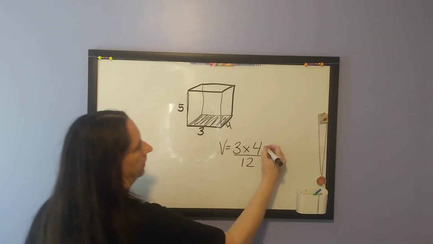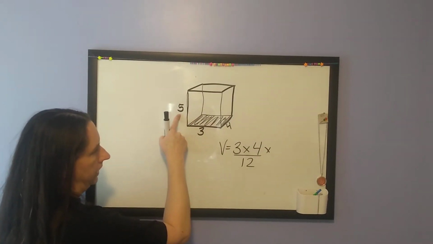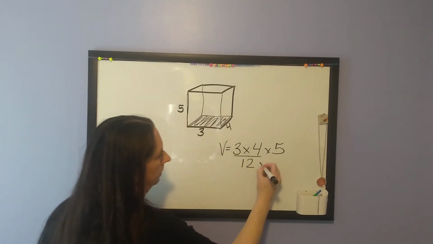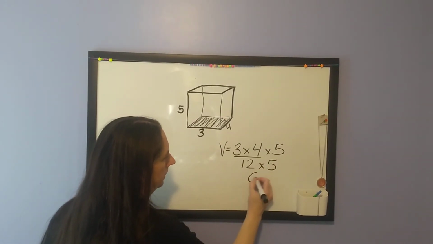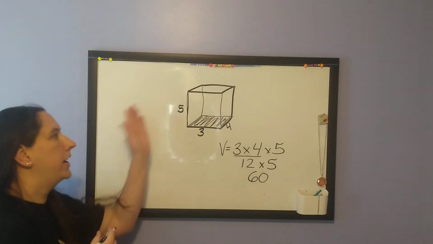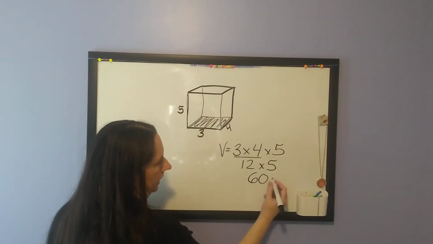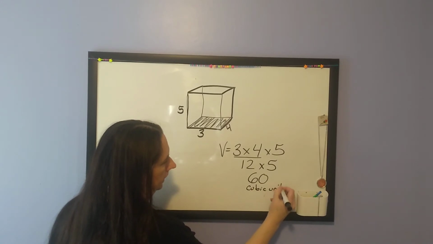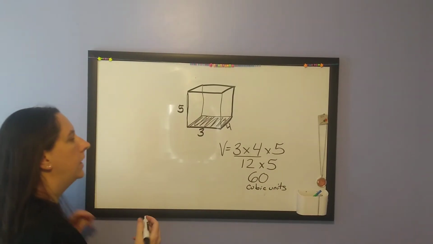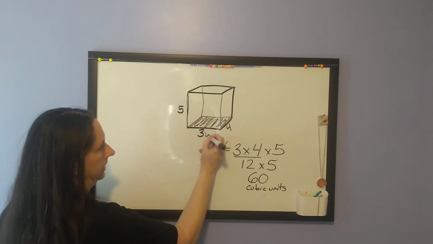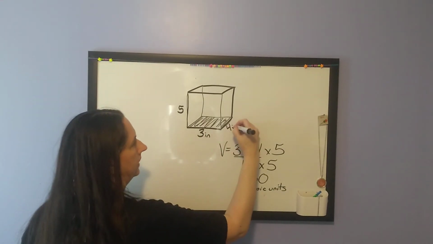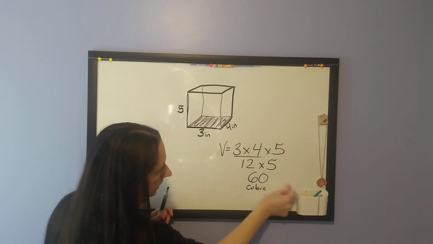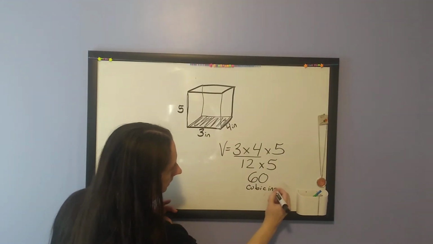But when we want to find the volume, we also have to factor in the height. So now I can do 12 times 5 to get 60. Now I didn't write which measurement this was, so right now I would say 60 cubic units. If each of these was inches, then I could say 60 cubic inches.